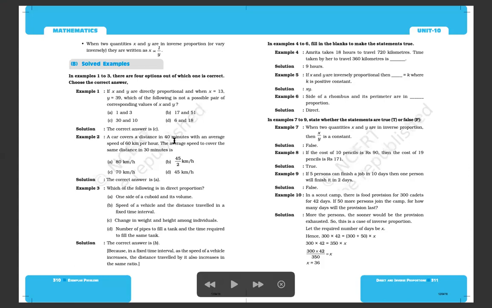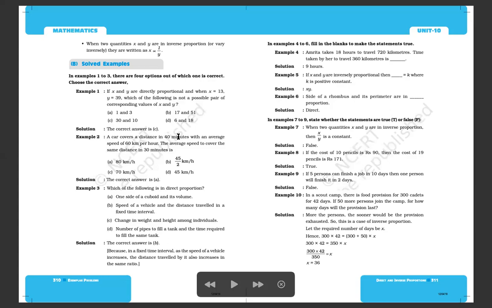There is a mistake here, some problem. It should not be 40 minutes. So we'll just see how it works now. Okay? So when I say this, distance is equal to speed into time. This is speed and this is my time given. Okay? So now what will I do?